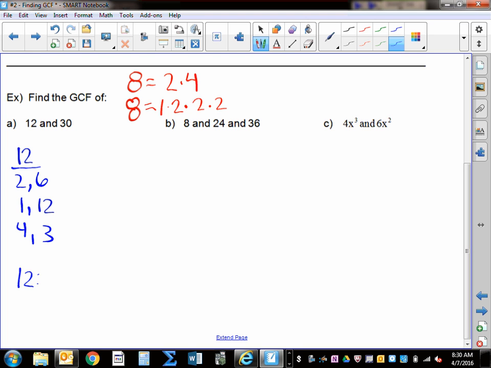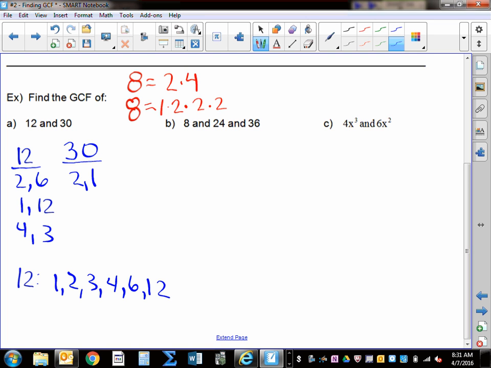I think last time we wrote it out like this. Either way, some people like to write out the factors like this, and last time we kind of went back and forth. 1 times 12, 2 times 6, 3 times 4. I think this way is also helpful because you can make sure that you've covered all your numbers. Because once you hit 4, if you can't do 5, then you don't have to keep checking. Then what about 30? What can we break 30 down into? 2 and?